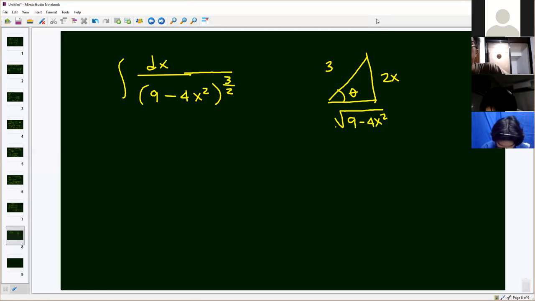Diyan. Try again diyan. Kaya hindi ka line of 9, Robby. Kulang ka lagi sa C, sa plus C.